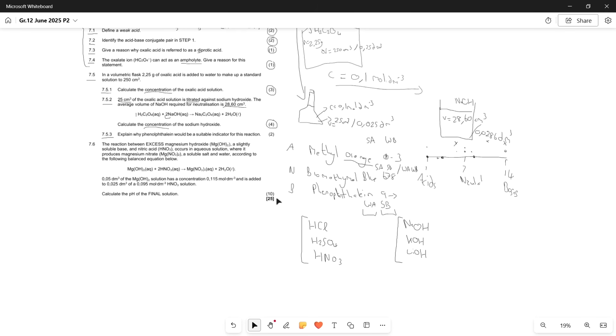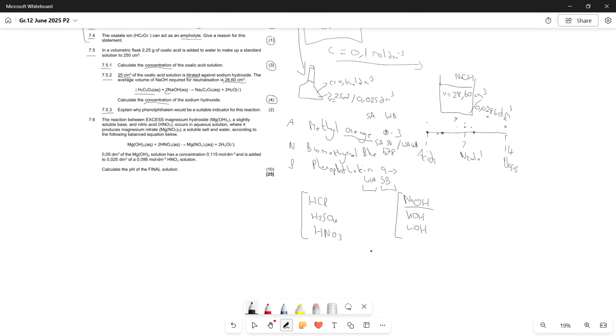So then with that information, once again, they said explain why phenolphthalein would be a suitable indicator for this reaction. It has a strong base over here, this NaOH, and then it doesn't have one of these strong acids over there. Okay, it has this one, which kind of looks like an organic molecule, H2C2O4, and that is our weak acid, which means we can just go ahead and say that NaOH is a strong base and oxalic acid is a weak acid.